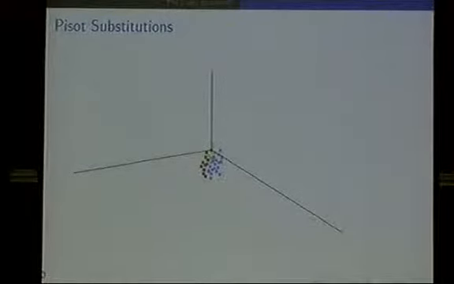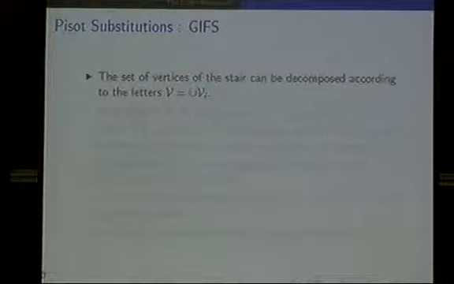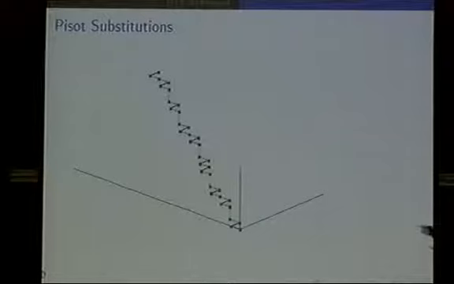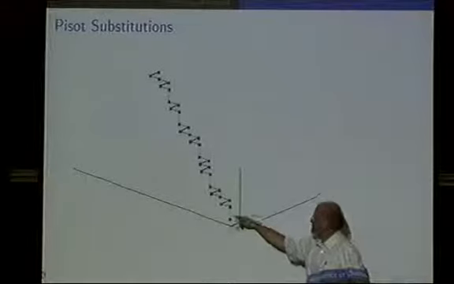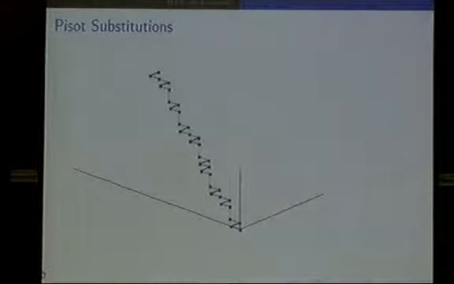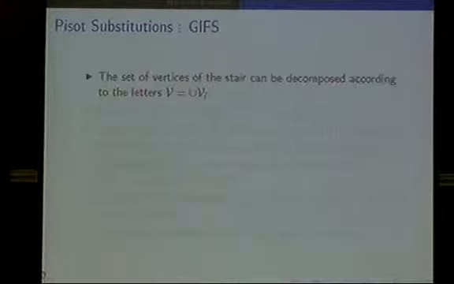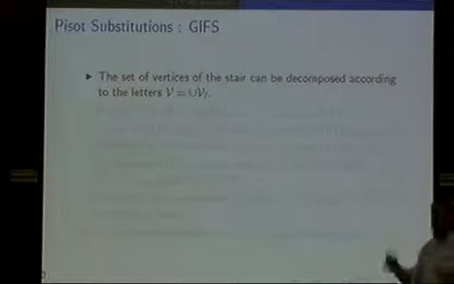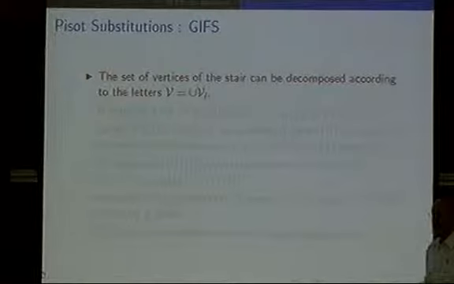This is the prototype of the Rauzy fractal. Now, when we look at this stair, I had 3 types of atoms, of vertices on this stair, depending on the corresponding letter. So I can split them as vertices of type 1, 2, and 3 in this example.